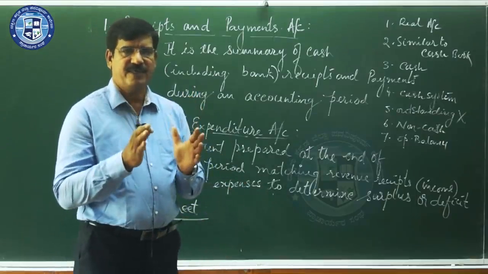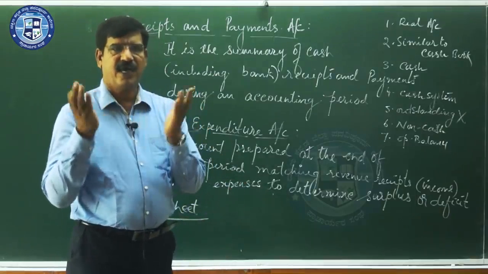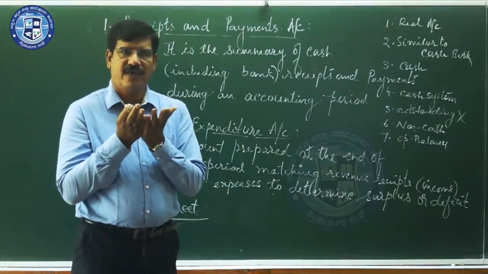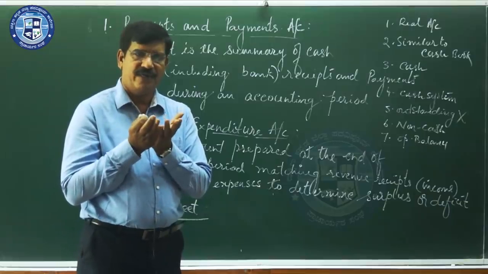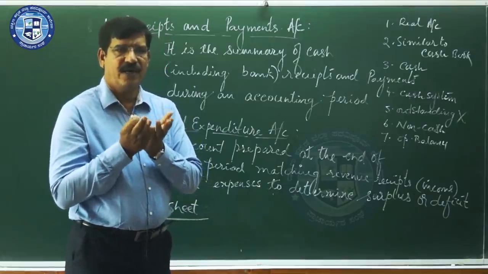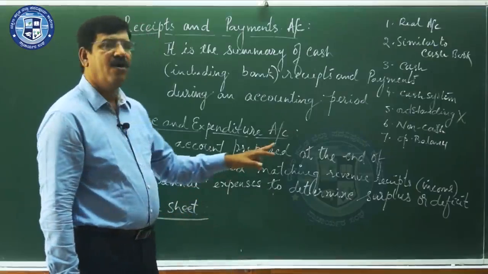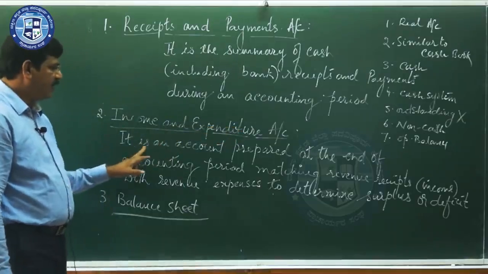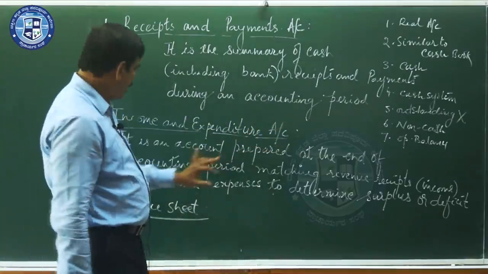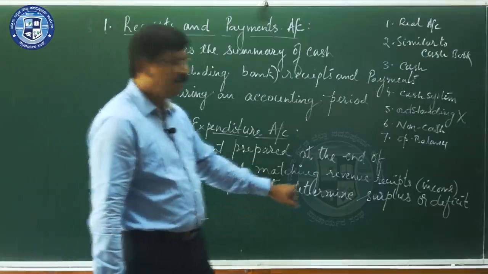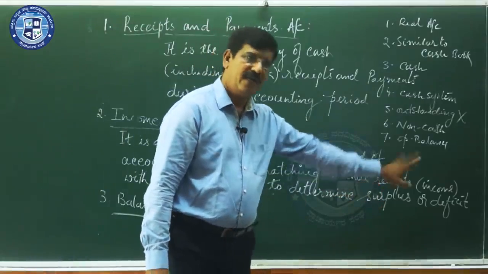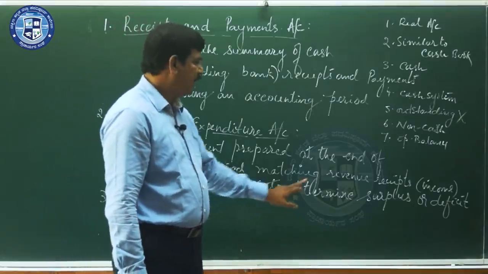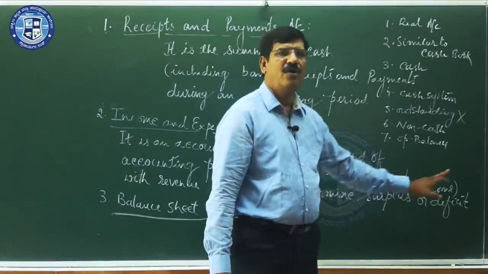The revenue expenses and revenue receipts are compared or matched, and whatever result we get is not called profit or loss, it is called surplus or deficit. So the income and expenditure account is prepared at the end of the accounting period, matching revenue receipts or income with revenue expenses to determine surplus or deficit.